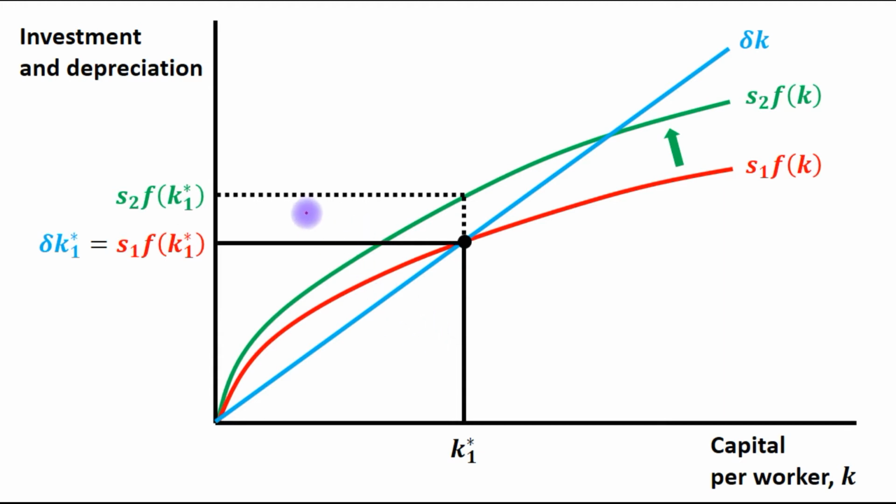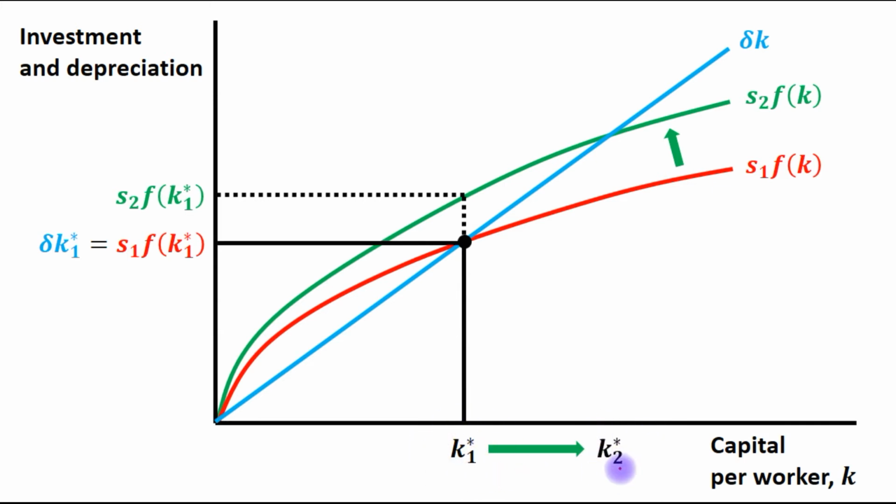Because the amount of investment exceeds the amount of depreciation, the capital stock will rise until it reaches the new steady state, that is K2 star. At K2 star, the steady state level of capital and steady state level of output are higher than the old steady state.